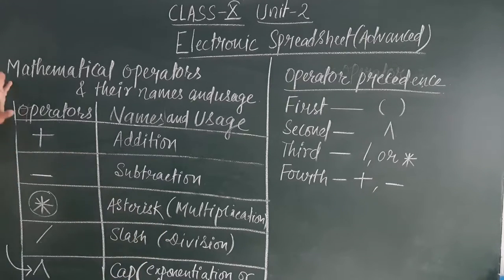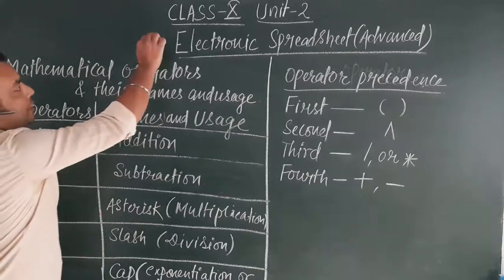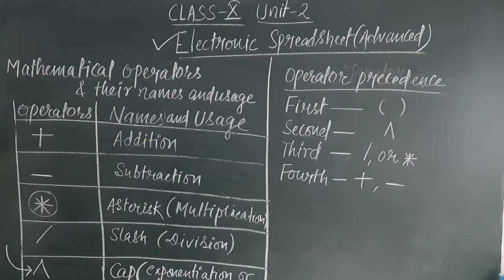Okay, so these are the basic operators which we are going to encounter and utilize whenever we are working with a spreadsheet application, whenever we are performing any operations on data inside a cell in our spreadsheet application. Fine.